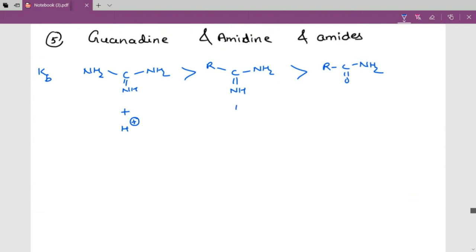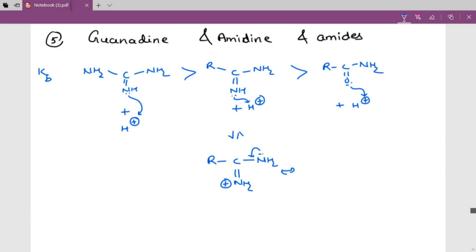If you donate a proton to these, it will be the sp2 centers. These will take the proton. This is totally out of the race because oxygen is the donor atom, more electronegative. Bad it is. Okay, here when you form the conjugate, you will have two equivalent resonating structures.